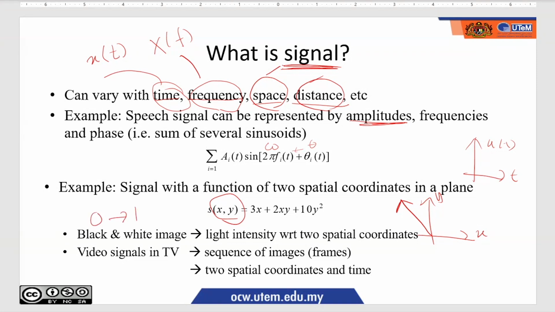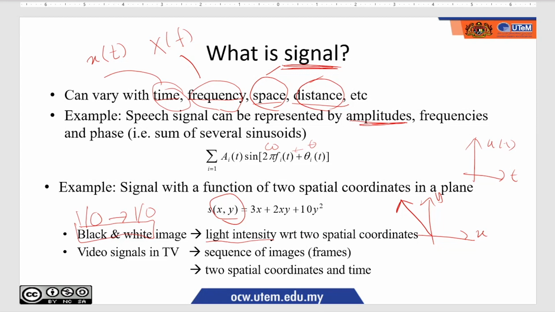So for a signal to identify black or white, it has an intensity value from 0 until 1. This is the light intensity, or we can say color intensity, for representing either black or white. This can be changed by the programming code.